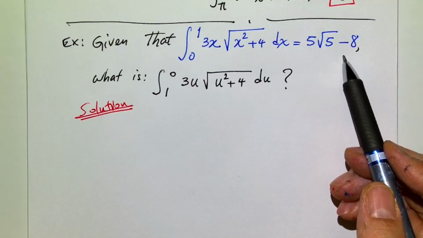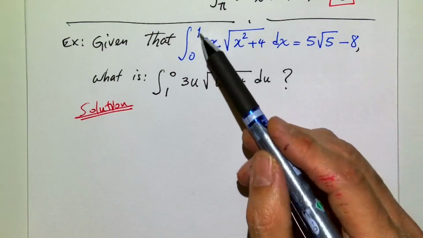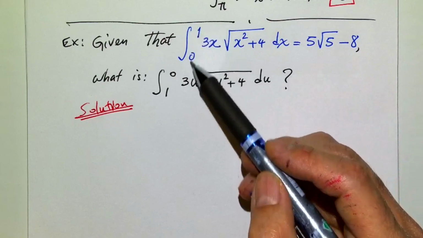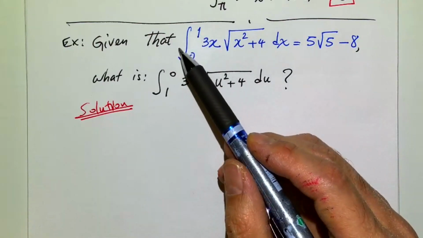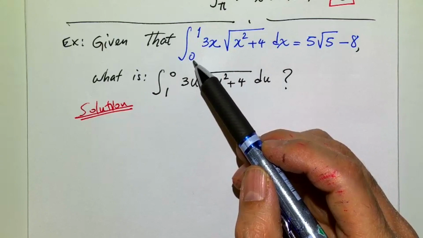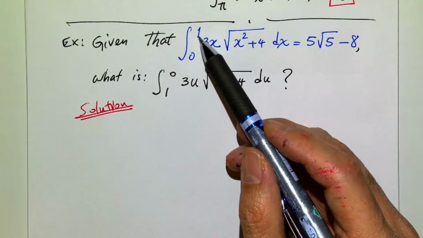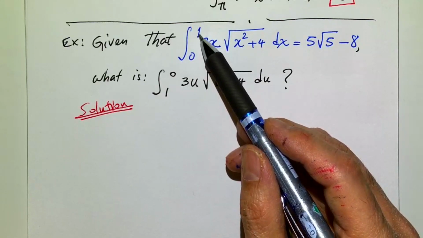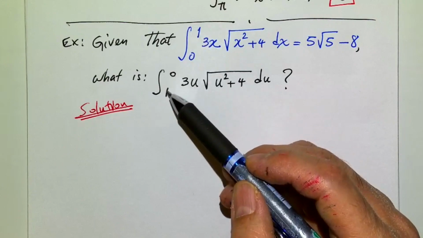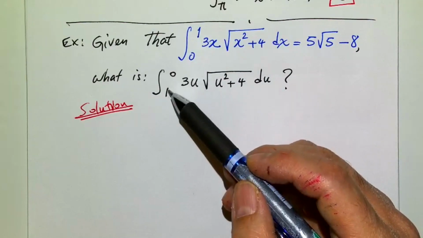The other thing that should catch your attention is the limits of the integration. What we've been given has a lower limit of 0 and an upper limit of 1, but this is reversed. So it's 1 to 0.